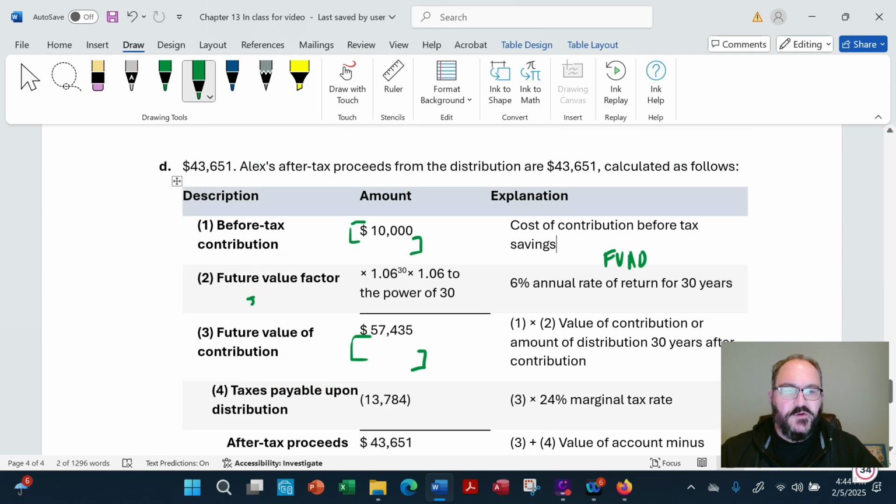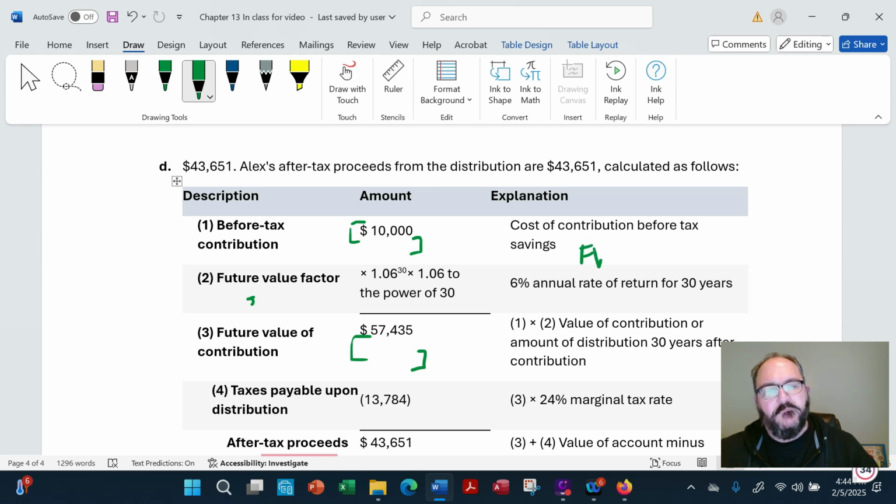So this up here should not be annuity due. This is a future value table. It's not an annuity. It's one payment. So, sorry folks, screwed that up. But anyway, there you go.